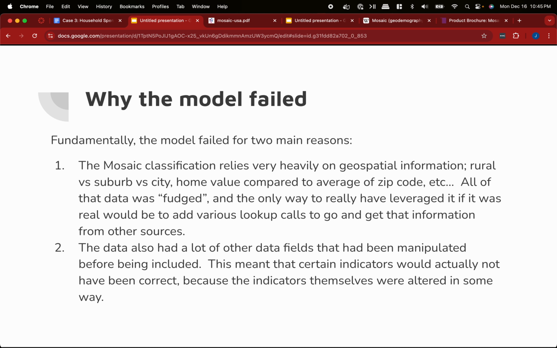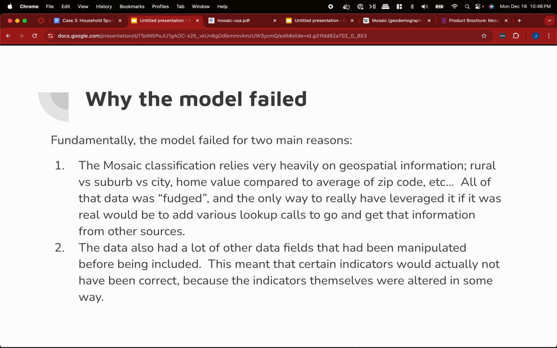The Mosaic classification system does rely very heavily on geospatial information. Home values compared to the average of the zip code, whether you live in a rural versus suburb versus city, all of that data contributes to the very specific classifications that the model gives.